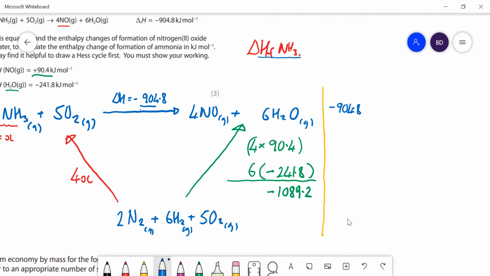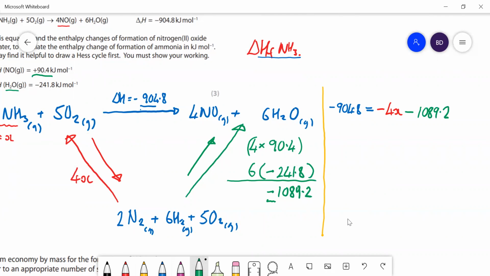So we've got minus 904.8 is equal to, right, what we're doing with this red, we're going to go there, and then we're going to go there. So we're going against the red arrow, so we change the sign, so that becomes minus 4x. We're sticking with the direction of the green arrow, so that stays as a negative, so that's minus 1109.2.